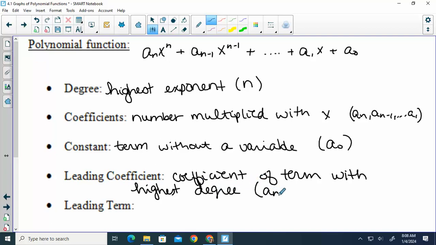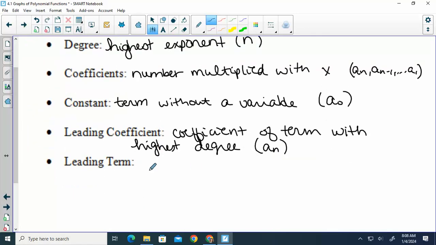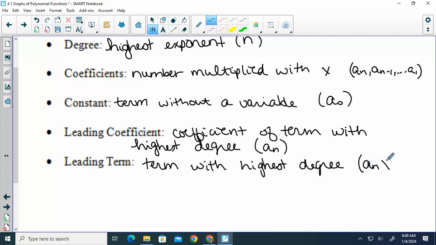In this scenario, that would be the a sub n. The leading term is the term with the highest degree. So the term is the coefficient and the variable together.